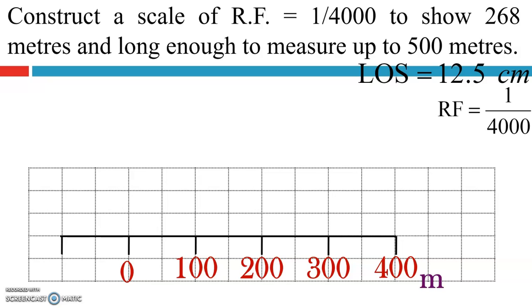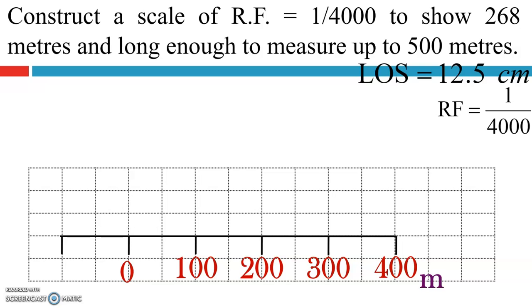Okay. So now into what number of divisions do I have to divide this distance? This is the distance of 100 meter. So if I divide this 100 meter into 10 equal divisions, how much dimension will one division represent?